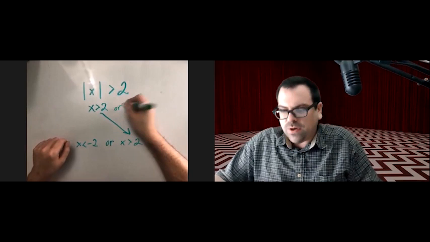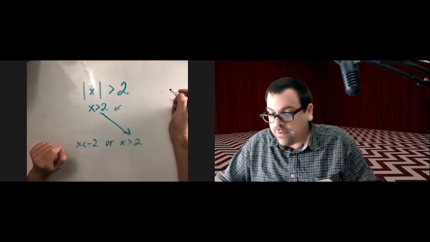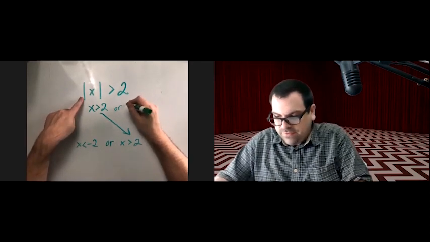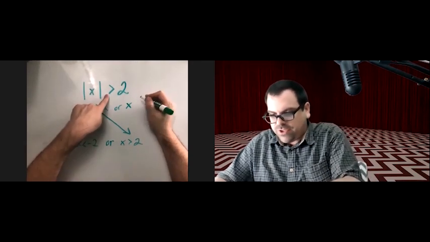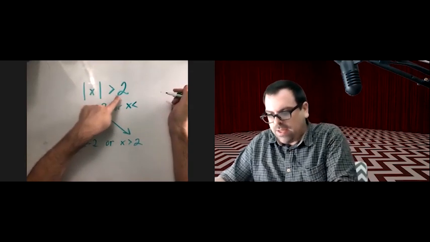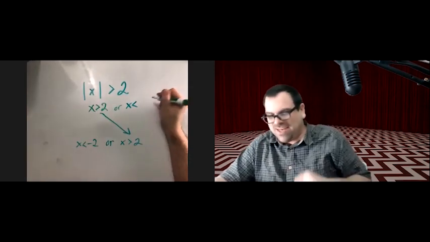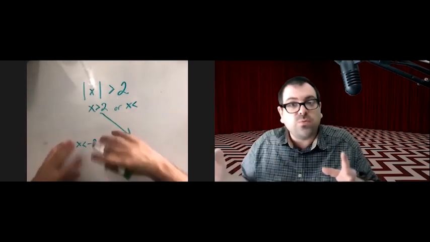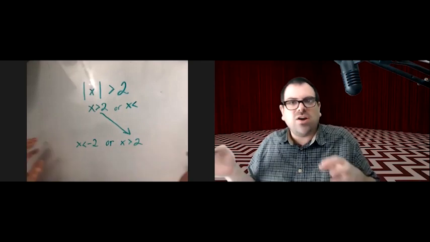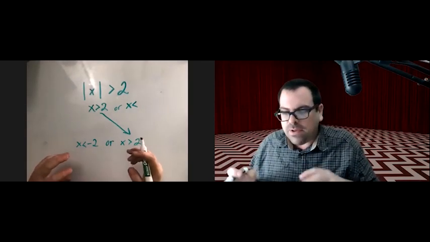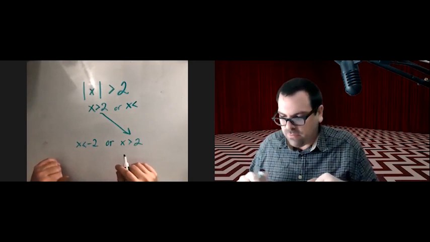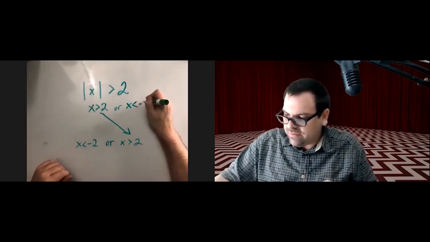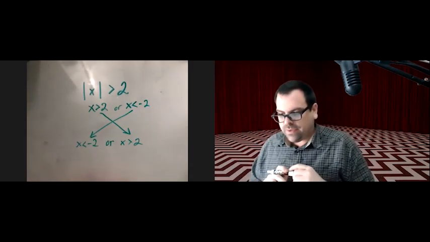And then we say or. And we're going to, it looks like, drop the absolute value, switch the sign, and change the positive to negative. That's the same thing we did for the less than. But this one we can't write as one thing. It's not an and statement. It's not an overlap. This has to be written as two separate ones. Change greater than to less than, change positive to negative, and that'll give us the other one.